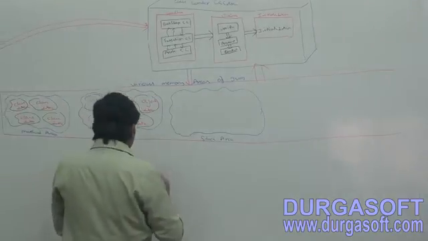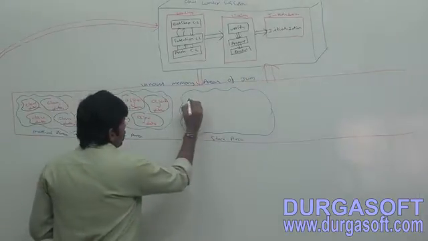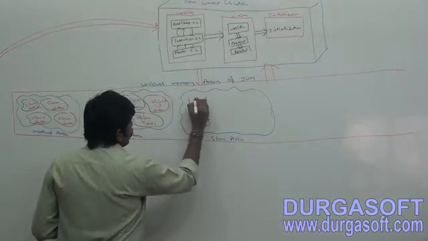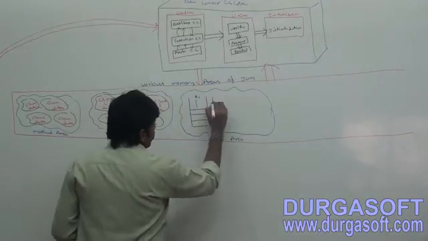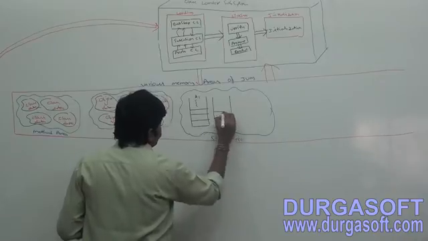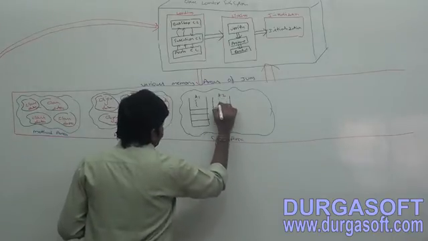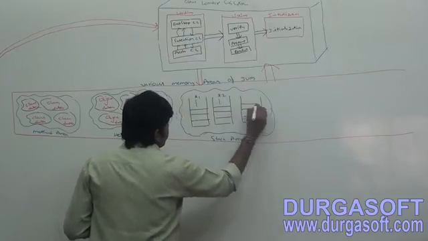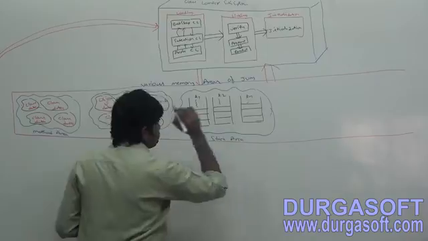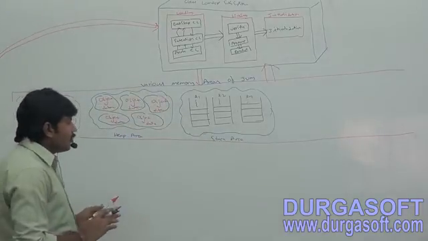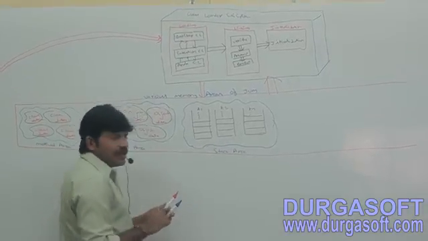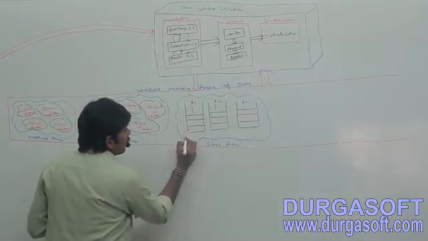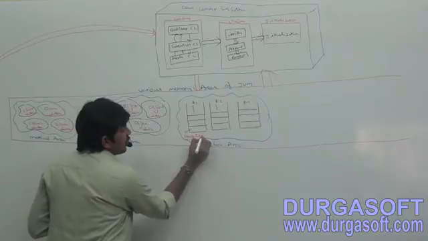This is for T1, this is for T2, and this one is for Tn. Each entry in the stack is called a stack frame. Have you remembered? This one is called a stack frame.